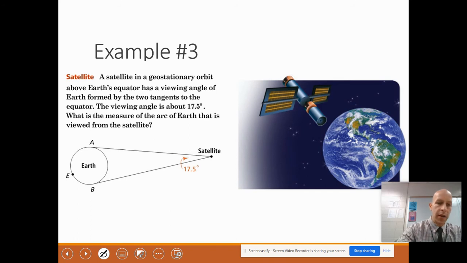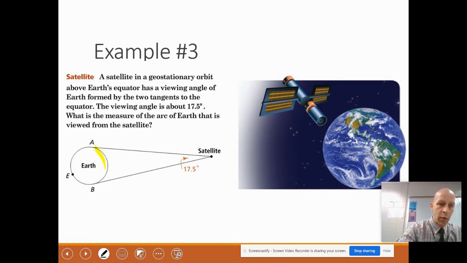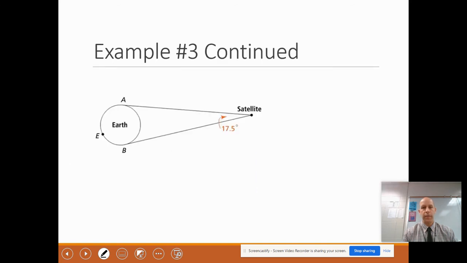In other words, let me do this with a highlighter, they want to know what this arc measure is. So this is kind of a challenging question because there's only one unknown, sort of. So we're going to be very careful with this one. I'm going to go to a new slide here.